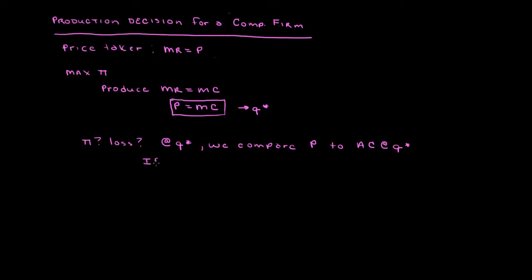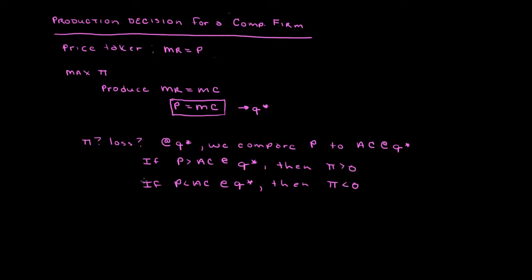If the price is greater than the average cost at Q star, then the firm is making a profit. Then its profit is greater than zero. If the price is less than average cost at Q star, then the firm is losing money. It has economic losses. So this summarizes what we've talked about so far.